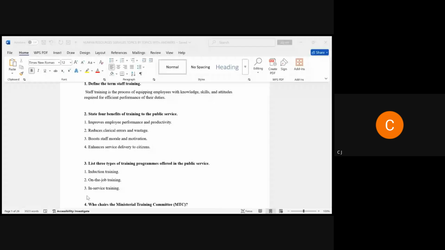Very good. The principal secretary is the one that chairs the MTC. We have the composition of MTC. We have the principal secretary, who is the chairperson.